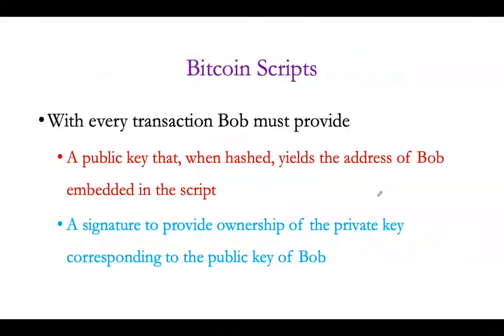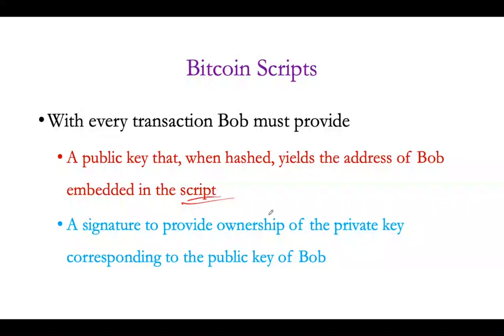So in this Bitcoin script, with every transaction, Bob must provide the public key that is hashed when it created the new transaction. That yields the address of Bob, which is embedded in the script.